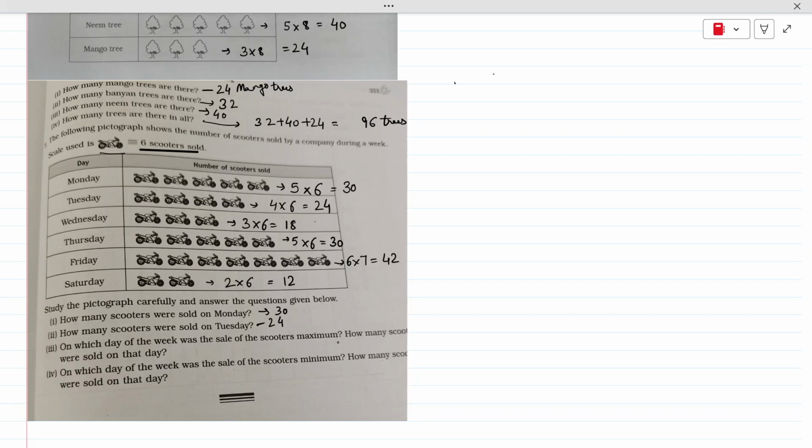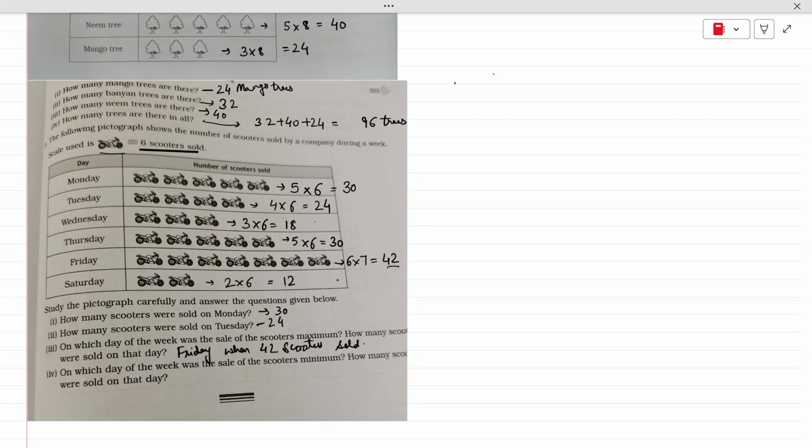So maximum means the maximum number of scooters sold. The largest number is 42 here, and it was sold on Friday. So Friday is the day when 42 scooters were sold.